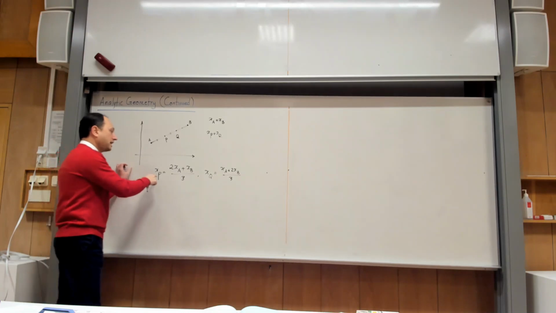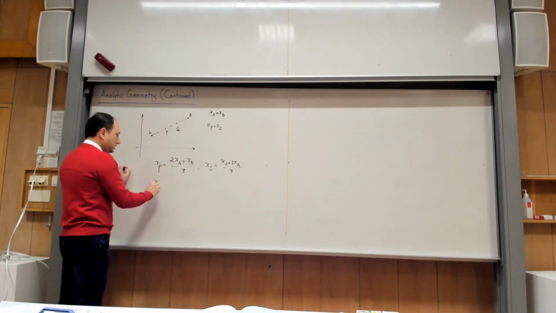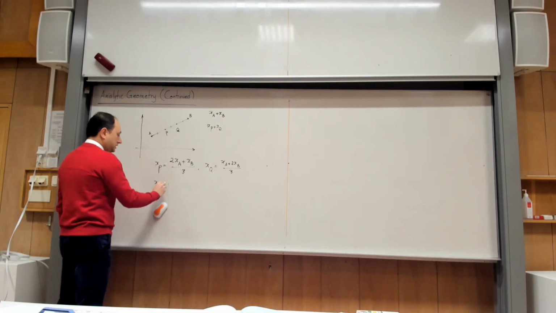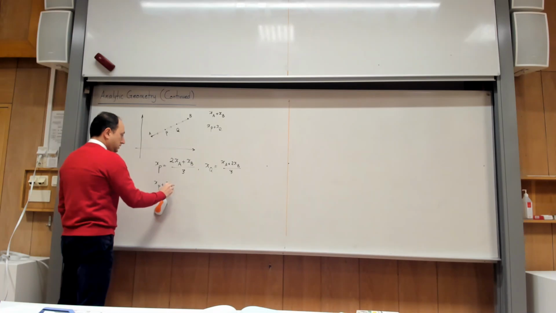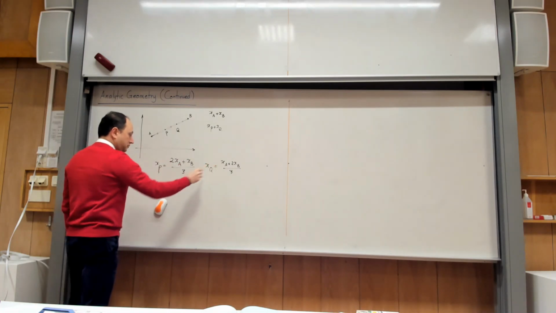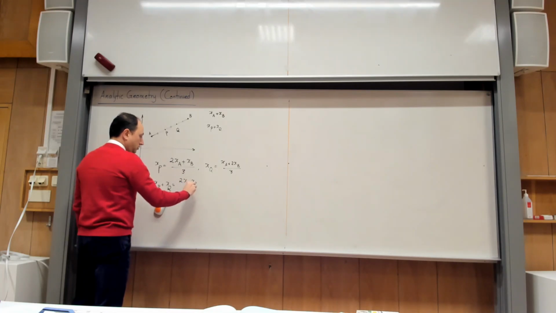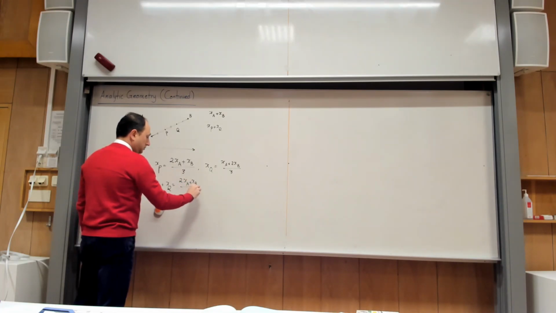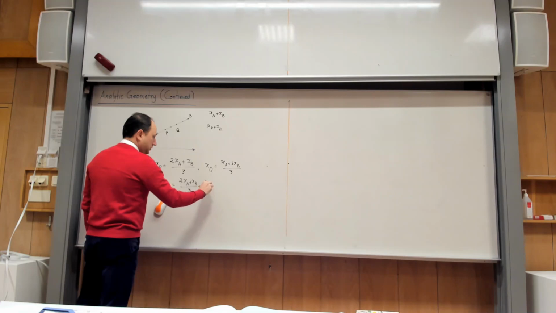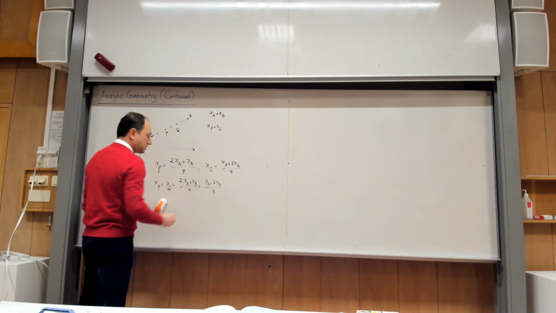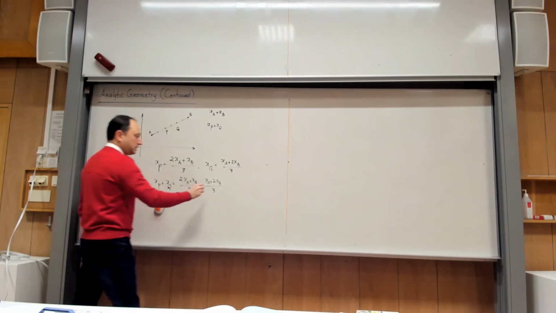And then if I ask you what is XP plus XQ, you can immediately use that, yes? XP plus XQ is equal to this one plus that one. So it becomes 2XA plus XB over 3, and then plus XA plus 2XB over 3. But adding these 2 fractions is easy because they have the same denominator.